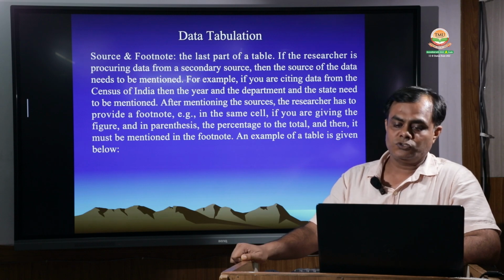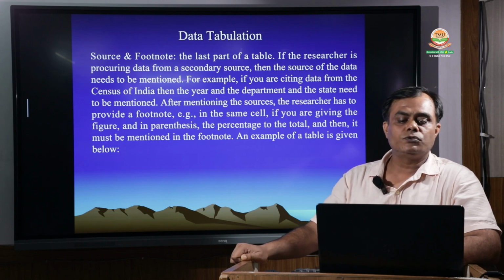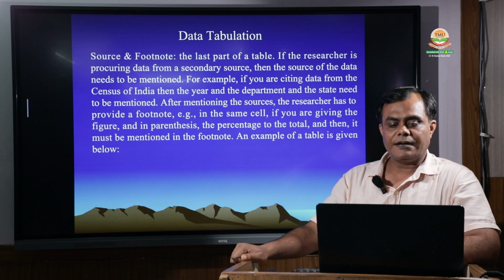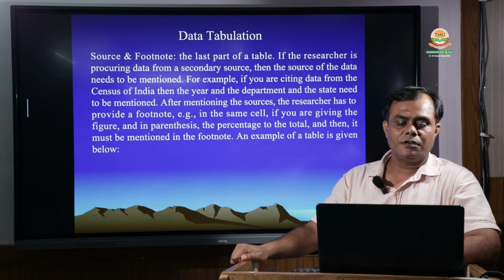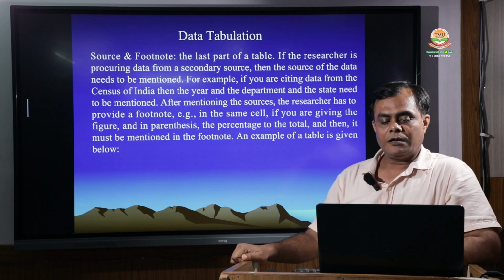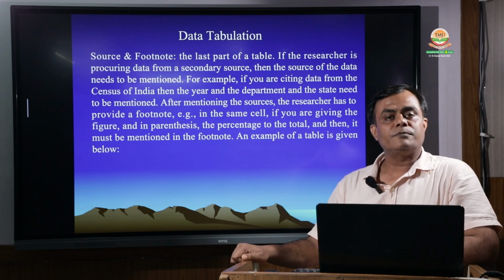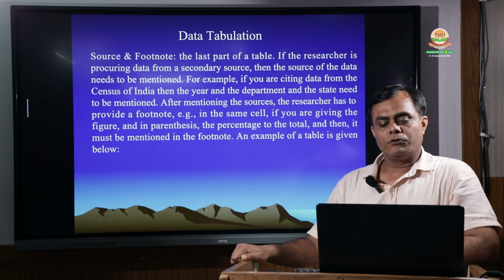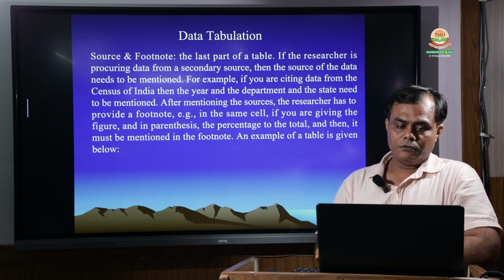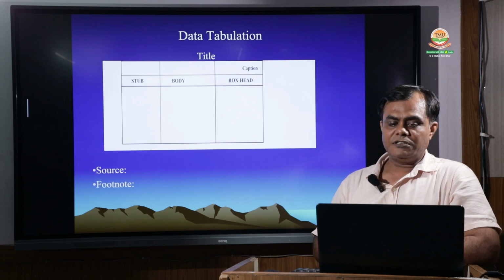After mentioning the source, the researcher has to provide a footnote, for example in the same cell if you are giving the figure, or in parentheses or as a percentage of the total, and then it must be mentioned in the footnote. An example of the table is given below.